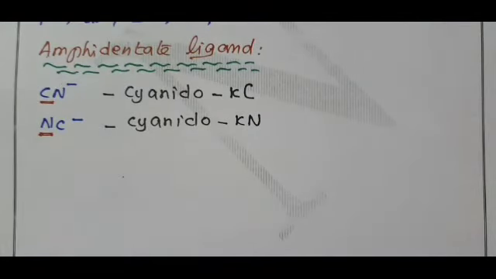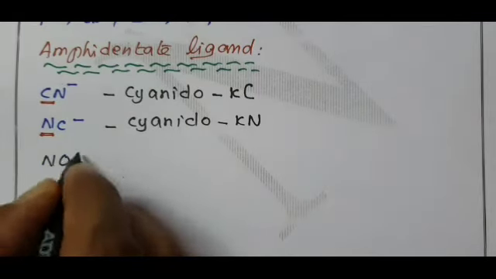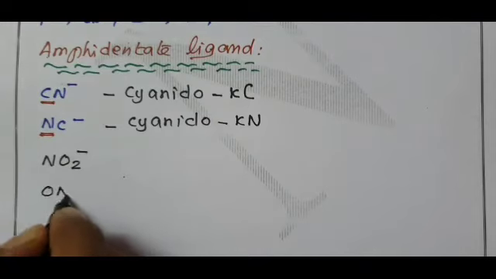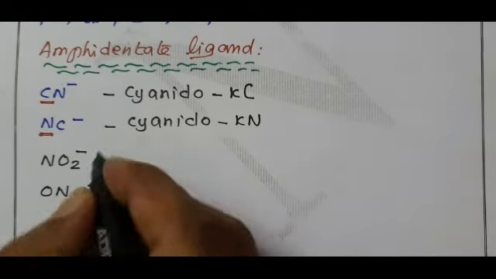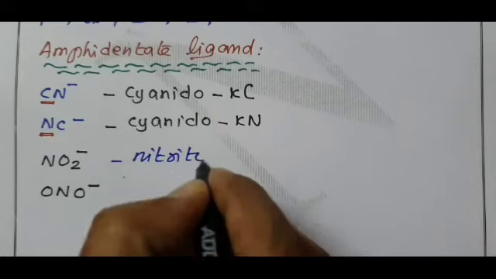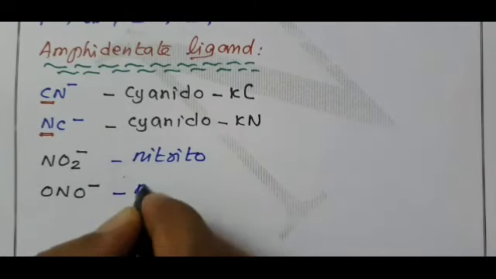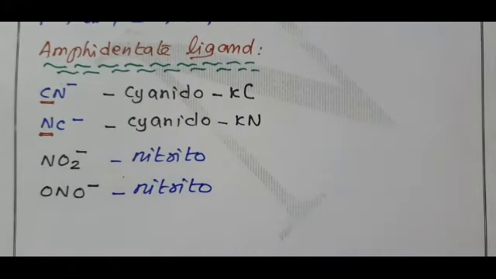Two more ambidentate ligands: NO2 minus and ONO minus. Both ligand names are nitrito.